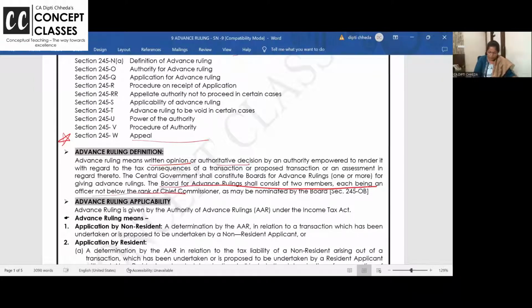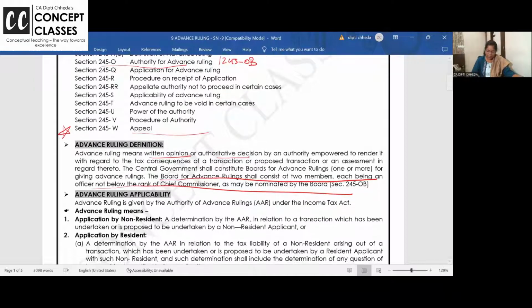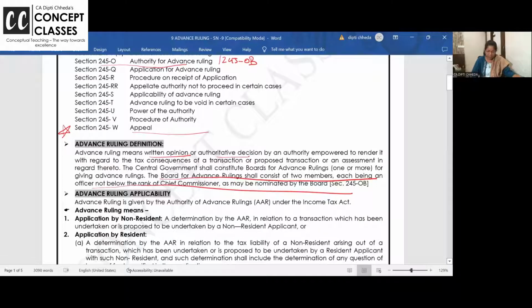Mark it important. Earlier the authority was given in 245O. I have not deleted 245O because 245O is also there. But now it is 245OB. Did you all mark it important? This is the Board for Advance Ruling, not below the rank of Chief Commissioner.